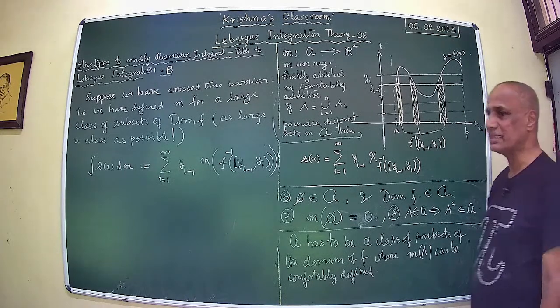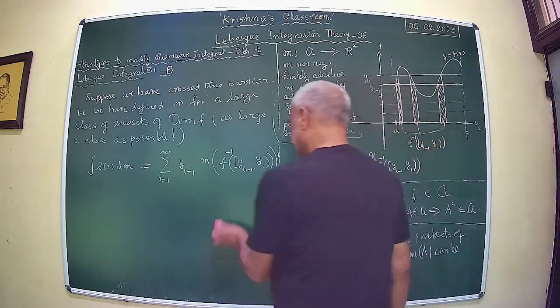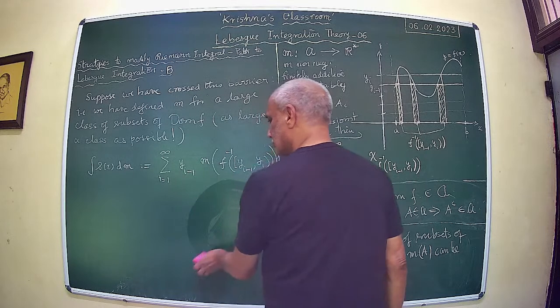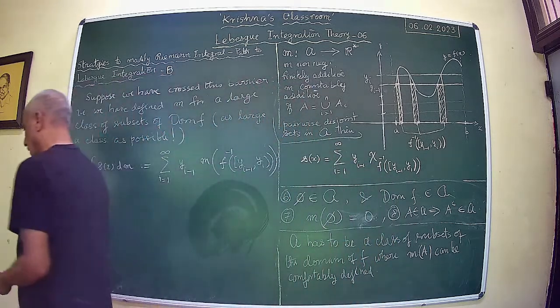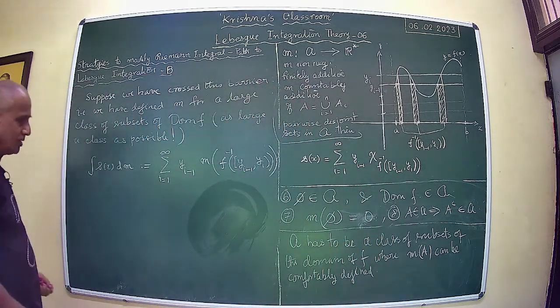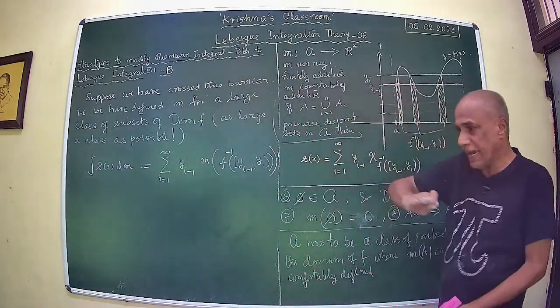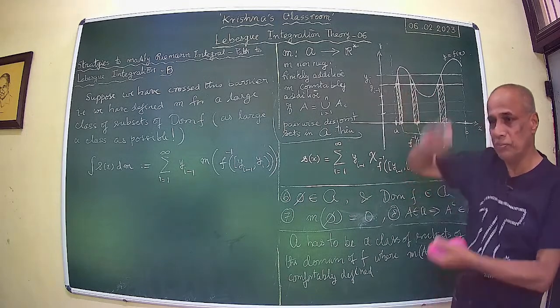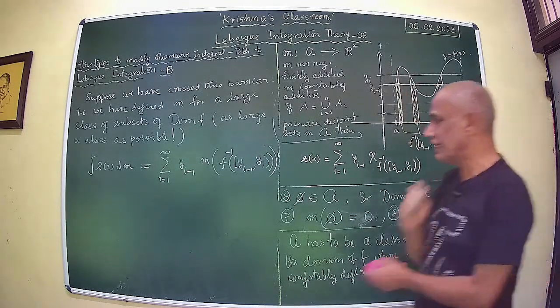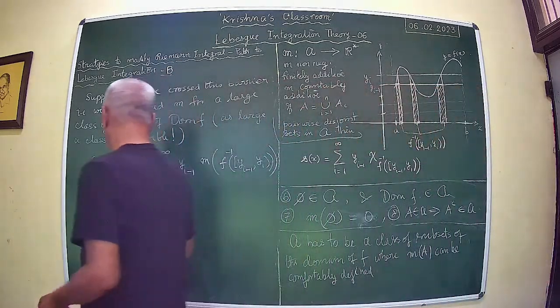You consider this as an approximation to the integral. Now you can define what the integral is. These are all areas which approximate from below.